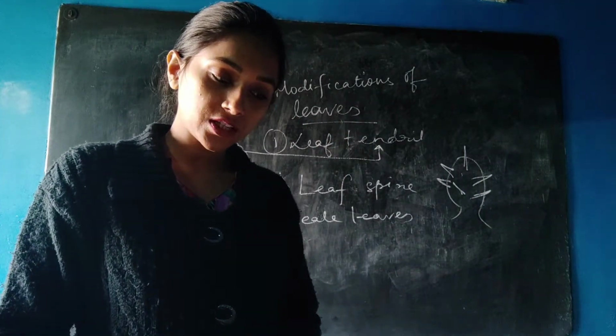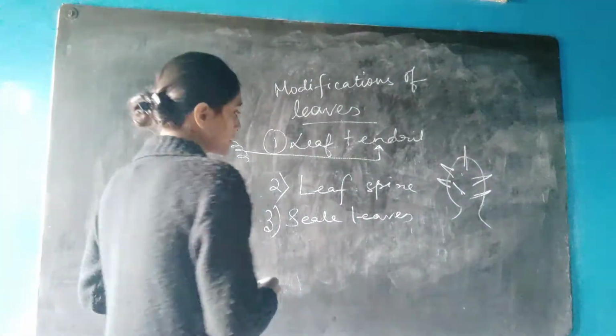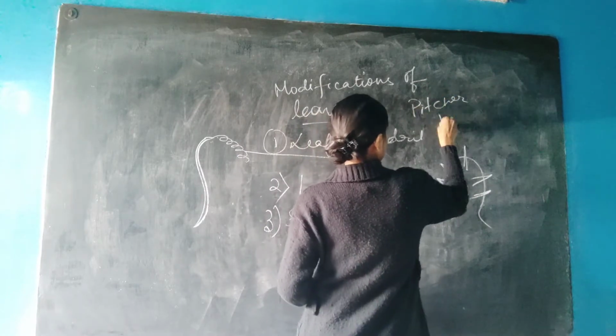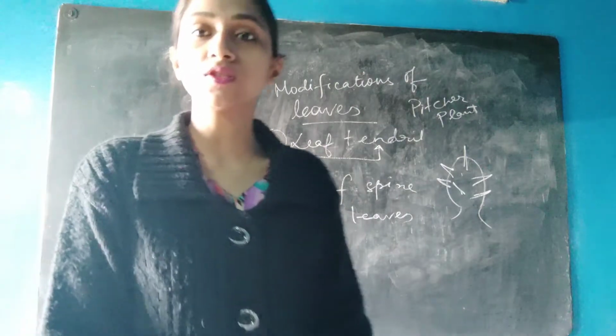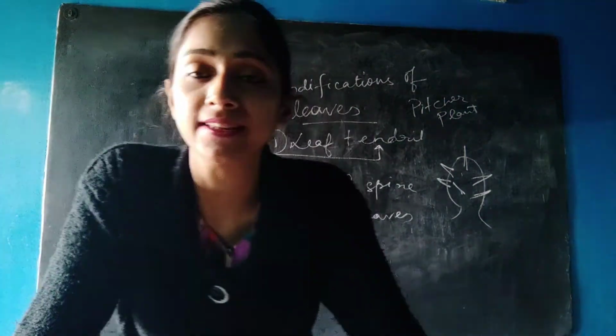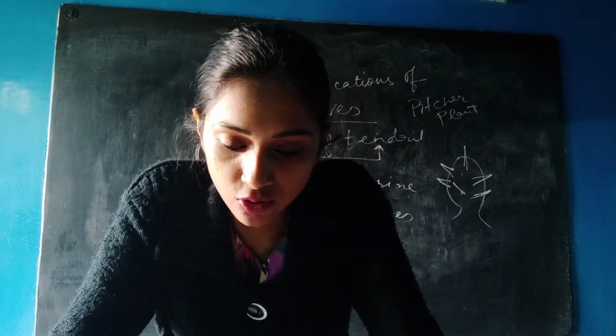Next is modification of leaves in insectivorous plants. The first insectivorous plant is the pitcher plant. Insectivorous means they are carnivorous plants. They have insects as their food. So the pitcher plant looks like a pitcher.